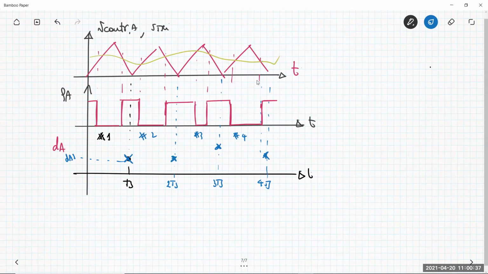You are sampling your control voltage every TS. So this is a sampling process having, as sampling period, the same as the switching period TS. Okay, this is the sampling period.